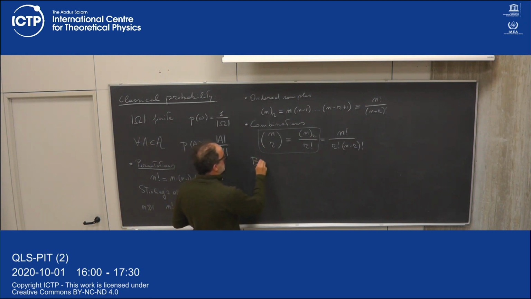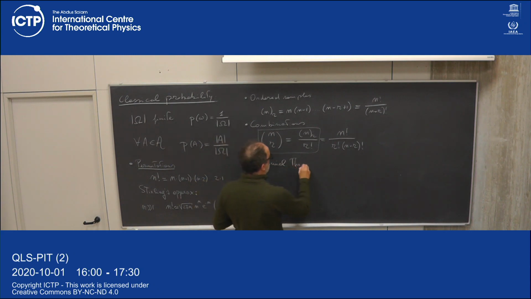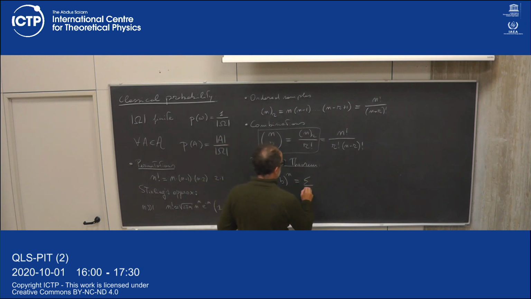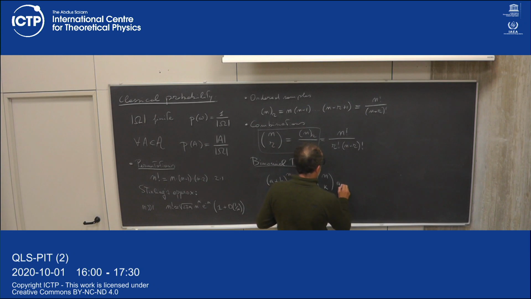So the binomial theorem states that for any two real numbers a and b and any real number n, you can write a plus b to the n as the sum from k equal to 0 to infinity of the binomial coefficient n choose k times a to the k, b to the n minus k.